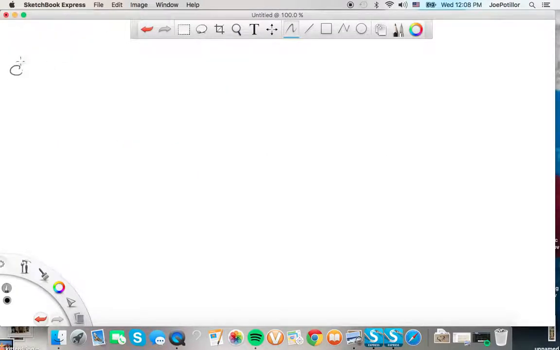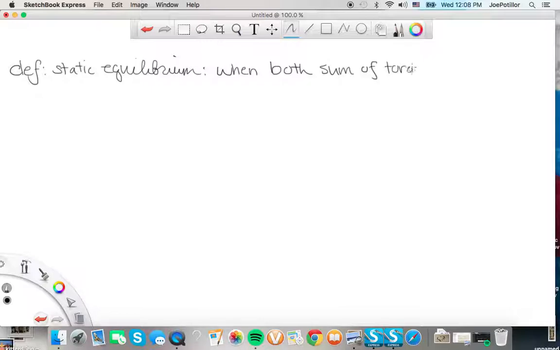Okay, so the definition of static equilibrium is when both the sum of torques and sum of forces are 0.